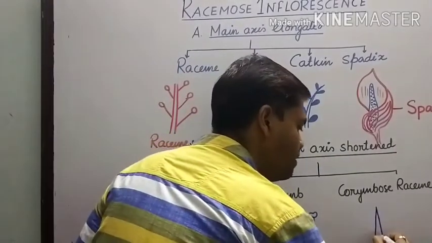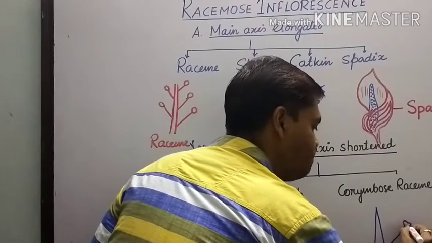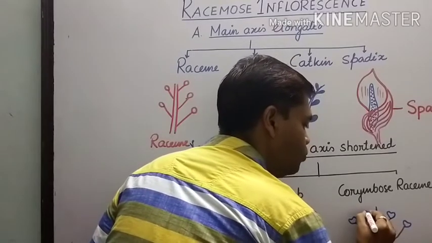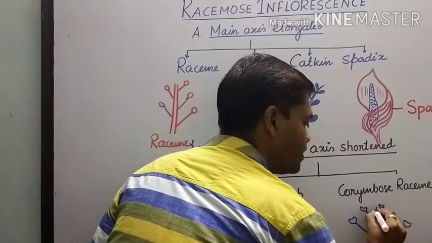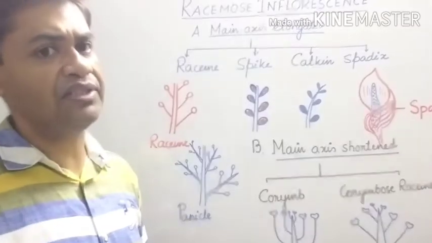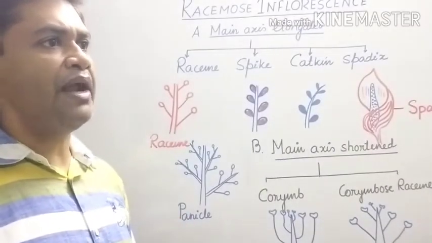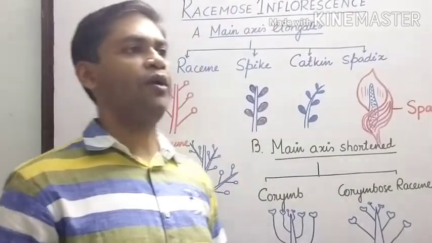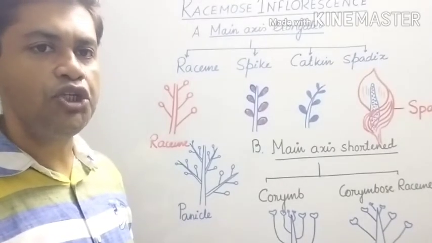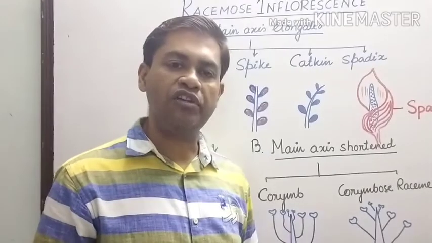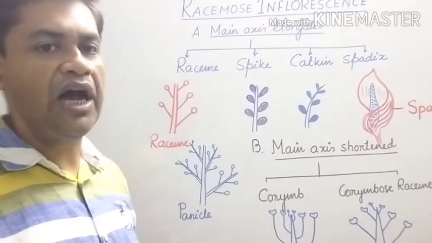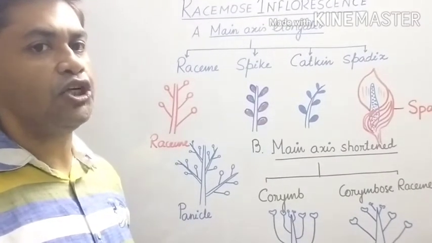Okay, observe, corymbose raceme. It is somewhat like a corymb and somewhat like a raceme, where the pedicels of the flowers are long, but they do not come into the same line, rather they are like a raceme. In some plants like mustard, a very important example, the lower main axis is not very much elongated, rather it remains shortened, and the lateral flowers are born in acropetal succession where lower flowers have a longer pedicel and upper flowers have a shorter pedicel.